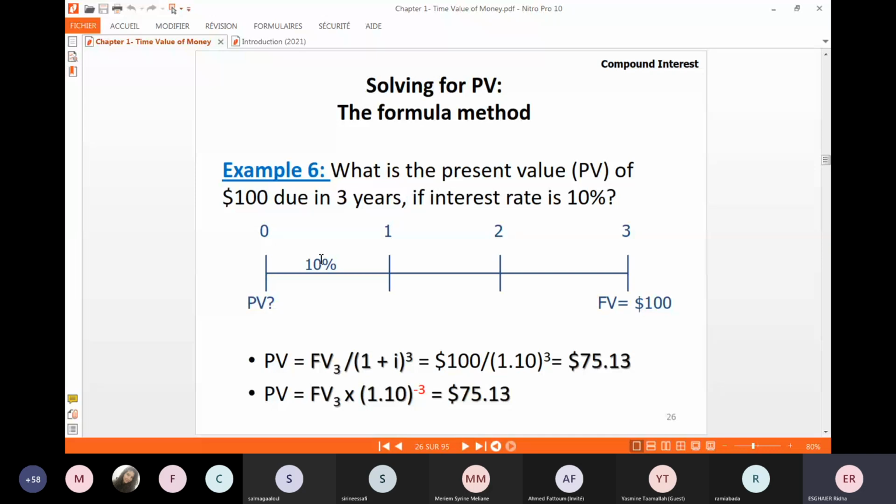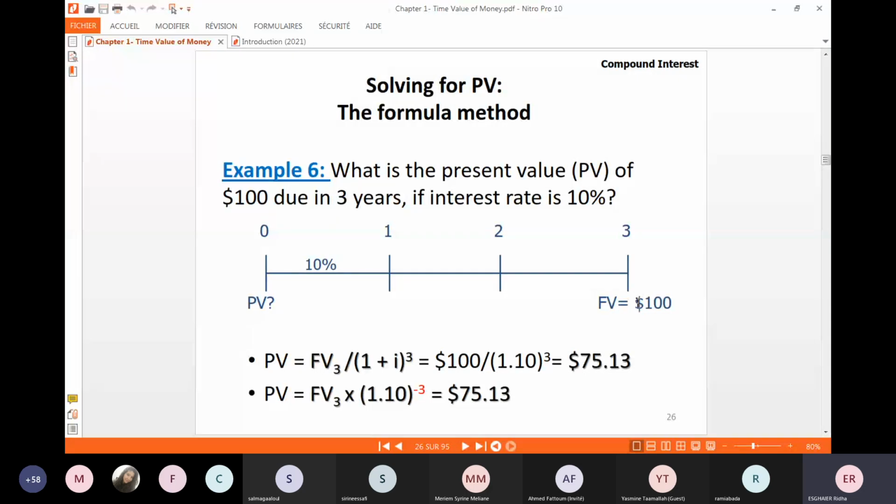So this is why I said that understanding and mastering the mathematics of time value of money will change the way you think about many things. Suppose that you expect to receive $100 3 years from now.